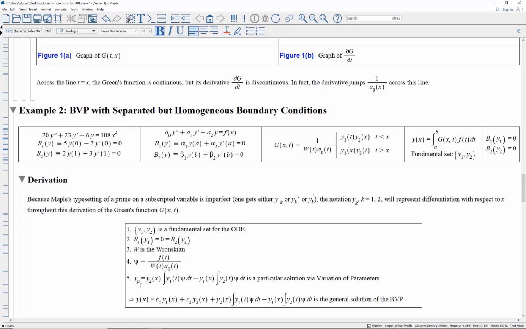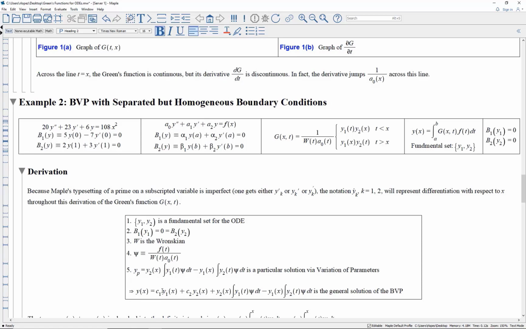The particular solution comes by variation of parameters. y2, y1, y1, y2. These are indefinite integrals. y2, y1, minus y1, y2, 21, 12, which is what I used to tell my students. So here's the general solution. Homogeneous part, this is the particular solution.